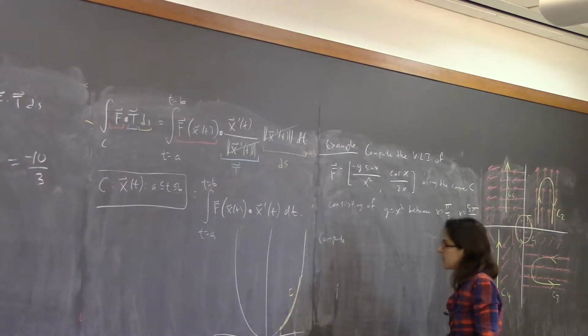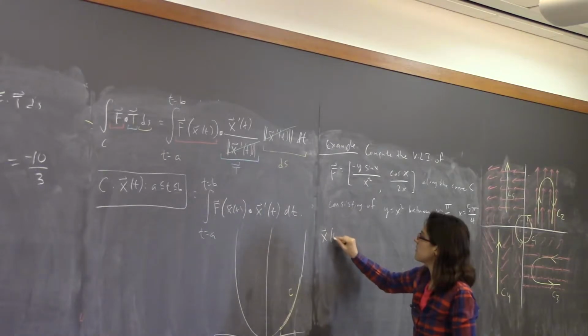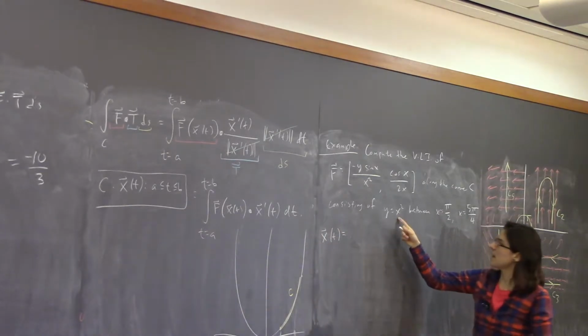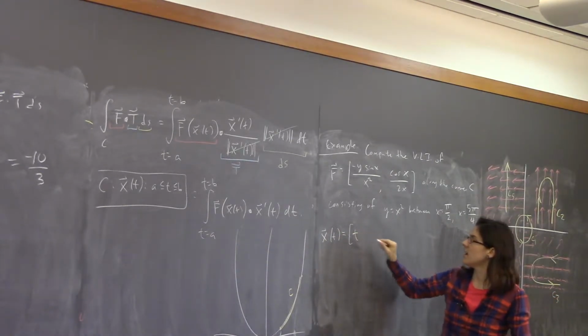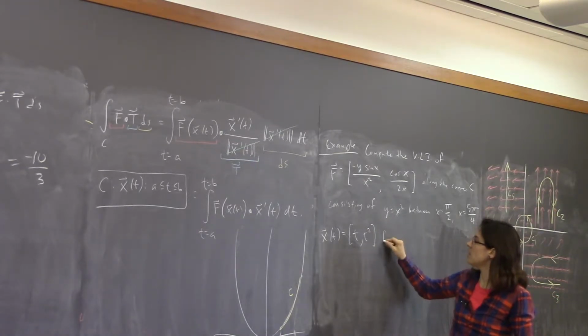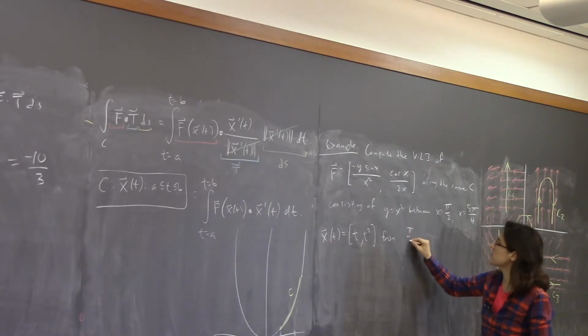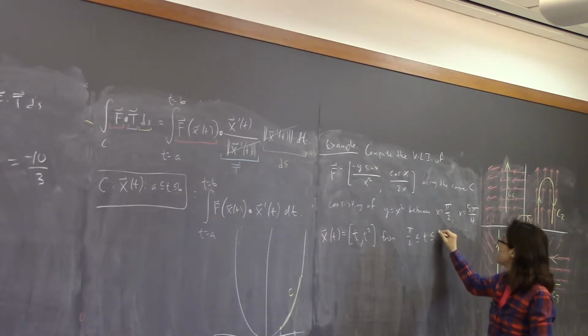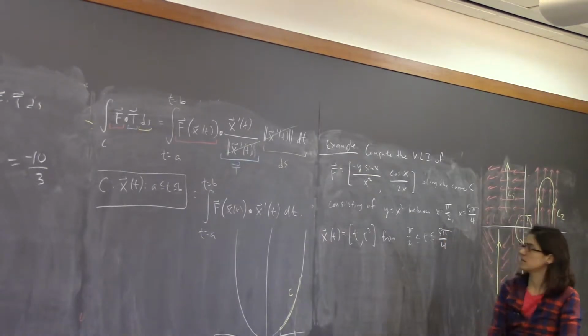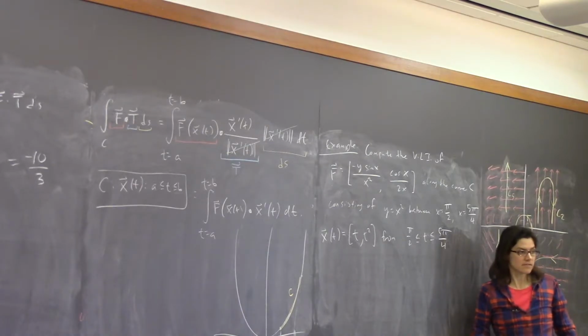First, we have to define our curve. So let's say x is t, and then y is x squared, so y is t squared. And since x is t, our t goes from pi over 2 to 5 pi over 4. So that should trace out exactly this curve that we want.